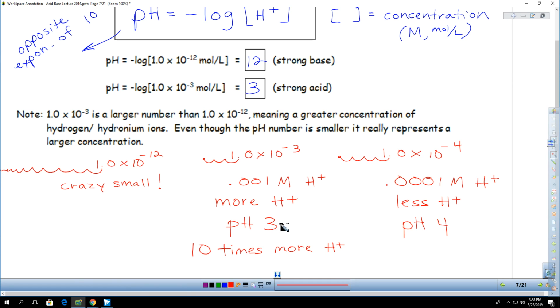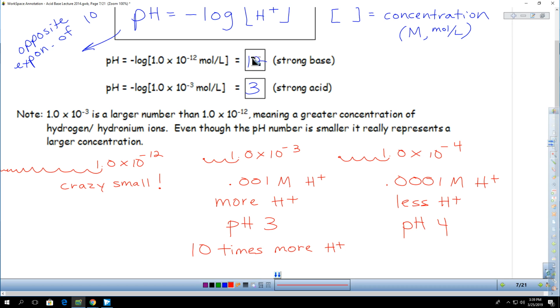Because we have to think that these pH numbers are exponents of 10. So when I say that this has 10 times more hydrogen, it means that it's a power of 10 greater than this guy. And sometimes I think that's where people get a little goofed up by saying that the higher the pH number, the more acidic. But when you put that pH number in perspective, it's a negative exponent of 10.